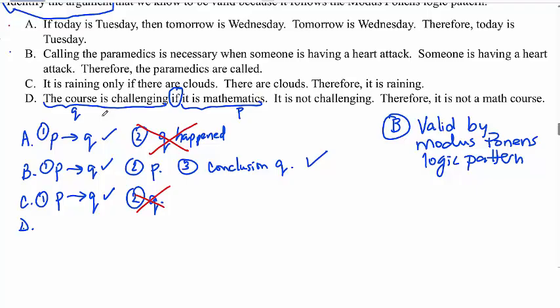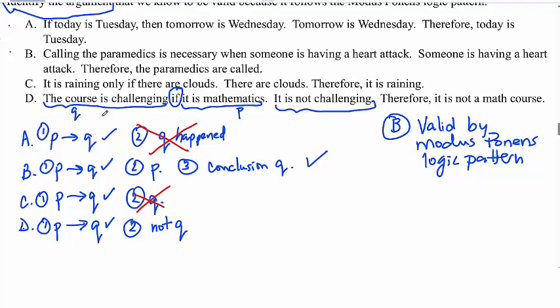Okay, so we have established our conditional statement as one of the premises, and now the next one, it is not challenging. That would be it's not Q. So the second statement is not Q. Q didn't happen, in other words.